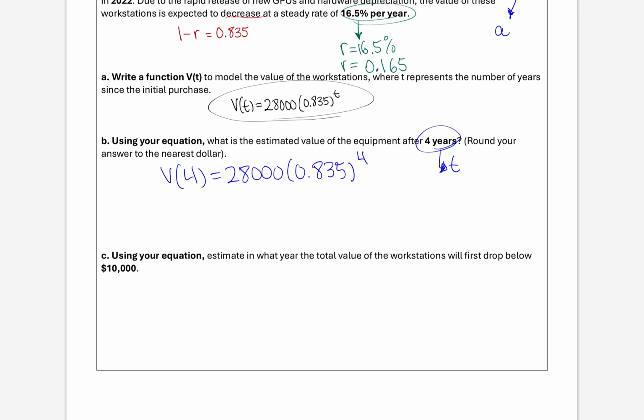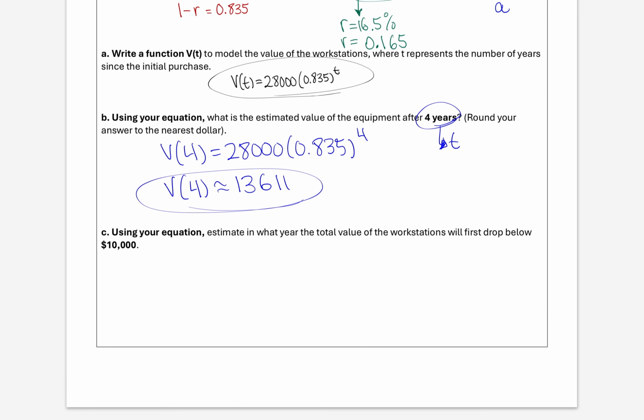If we type it into Desmos, 28,000, parentheses, 0.835 to the power of 4, and round to the nearest dollar, v(4) is going to be approximately $13,611 after 4 years.